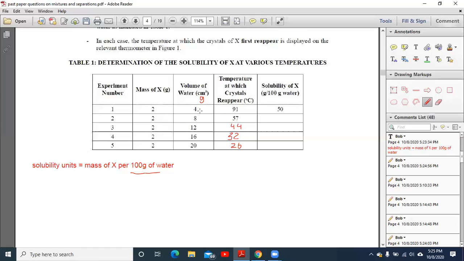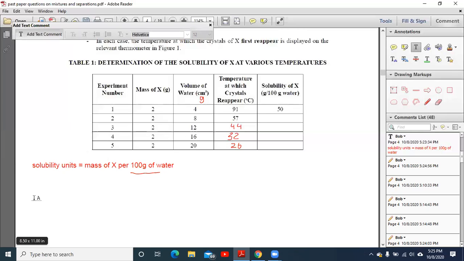So we'll find the mass of X in 1 gram of water, and then multiply by how much we need. So we'll be multiplying by 100 to find for 100 grams of water, because that is what we need. So if we were to do that, when we look at that, we basically get the same equation they have below.